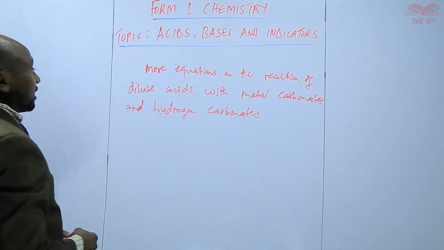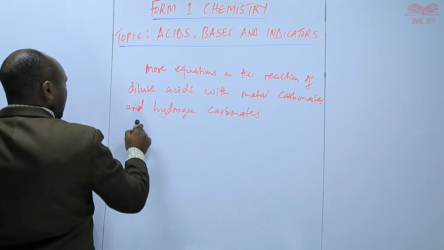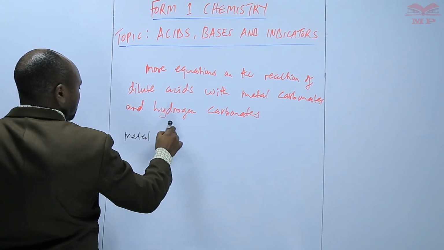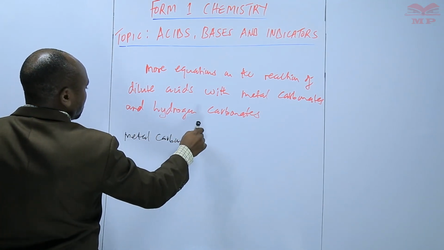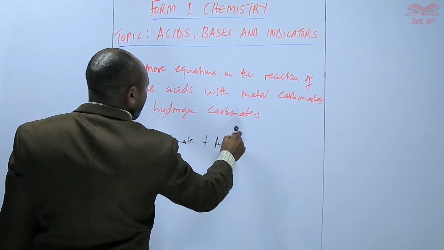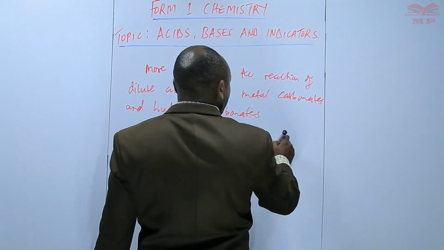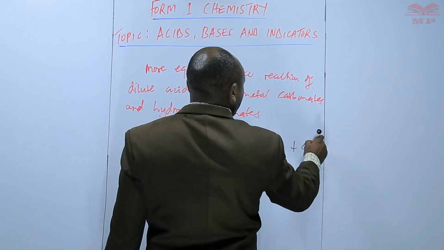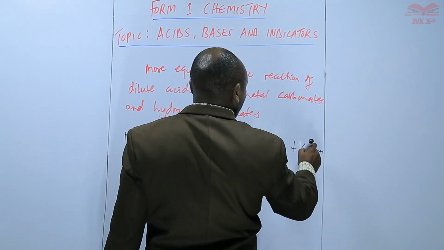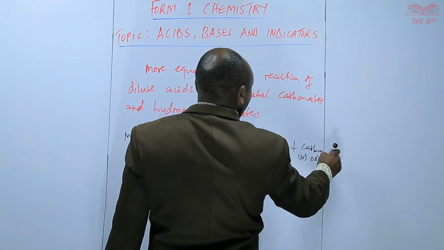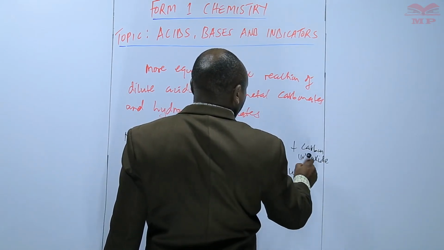Generally we say that if you take a metal carbonate plus an acid, we will get a salt, we'll get carbon 4 oxide, and we'll also get water.